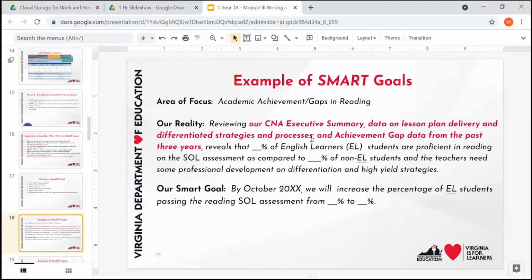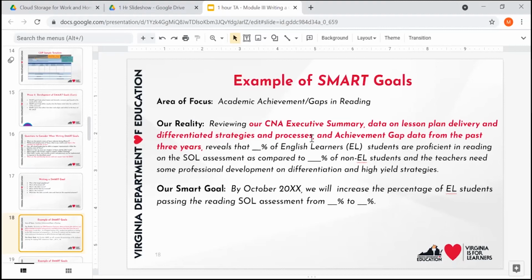Now, for instance, here's an example of a SMART goal with an area of focus of academic achievement or gaps in reading. So the reality for this school, for this example, is reviewing our CNA executive summary, data on lesson plan delivery, and differentiated strategies and processes, and achievement gap data from the past 3 years.